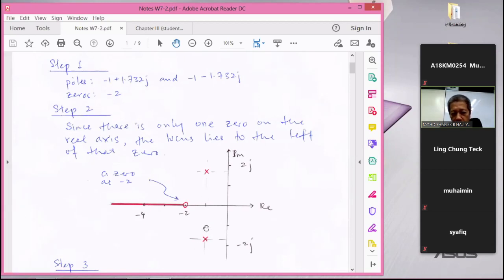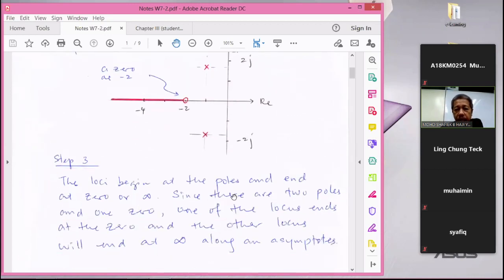Since we have 2 poles, we are going to have 2 loci. How is that going to happen? Somehow it's going to leave this complex pole and break into the real axis, and then we can compute that breaking point.